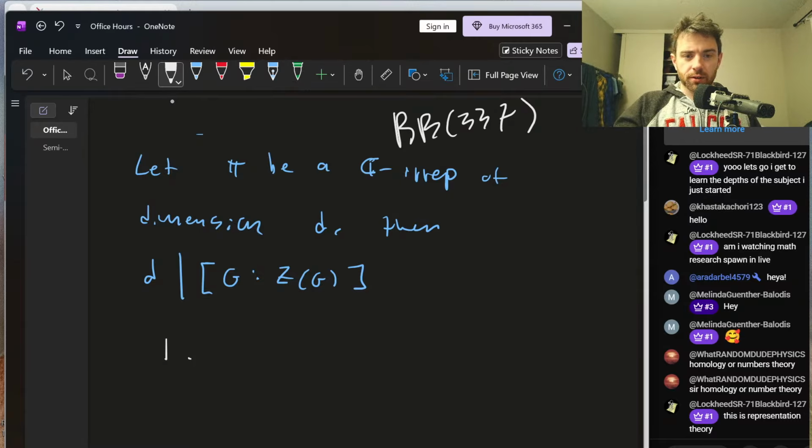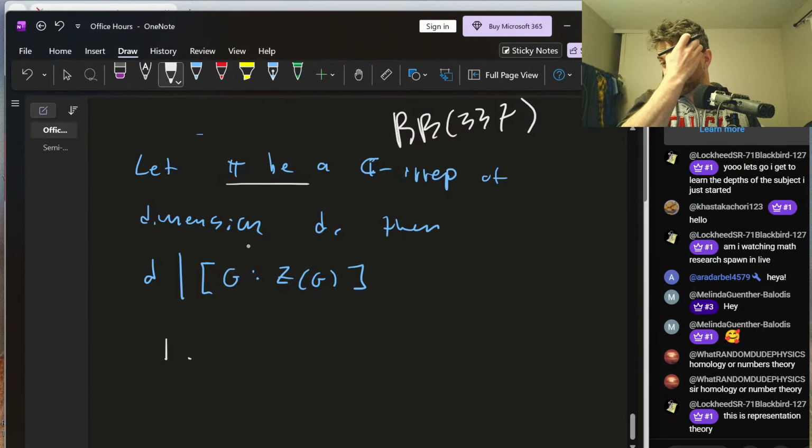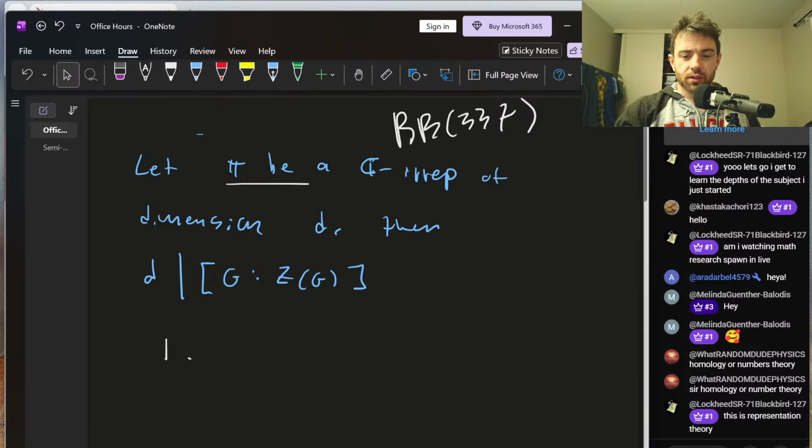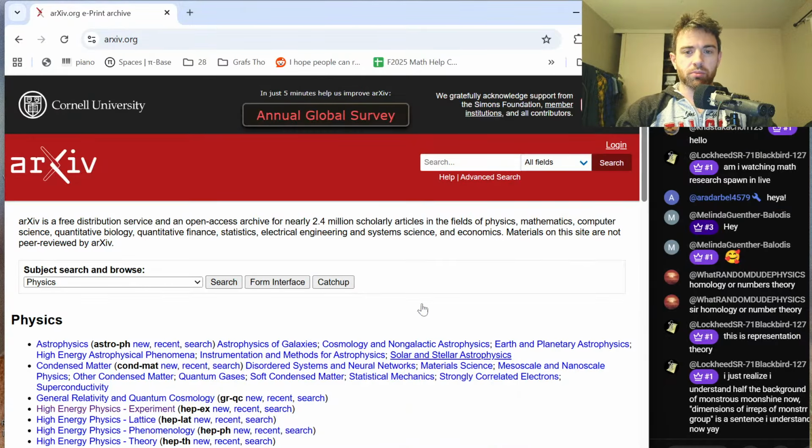Yes, Locke, this is representation theory. I mean, I made a statement about a representation, right? Now let's see. There's also some sum of squares formula that we want here.